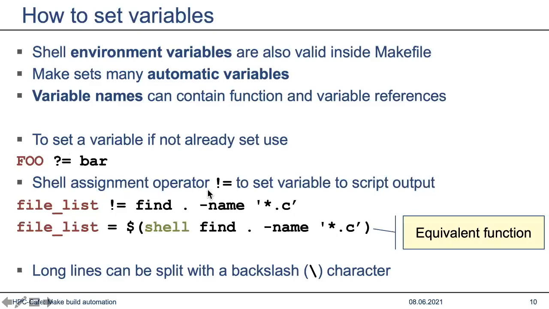Then the shell assignment operator, !=. This allows you to set the variable to the output of a script like this. And well, some think that this is not a good syntax, so there is an alternative syntax, and this is the shell function. It's up to you what you like better. And finally, you can split long lines with a \ character. The \ character inserts a space. Sometimes you don't want that. There is a solution for that. There's a special version of that that doesn't insert a space character.